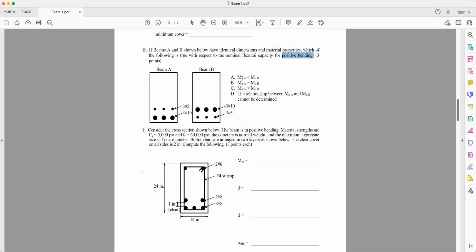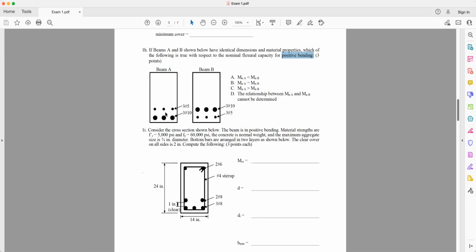Now, which one has higher moment? Well, what is the moment? Mn equals T, which is As Fy, multiplied by ds minus half a. So whichever has the largest ds minus half a has the largest lever arm, that is the distance between the compression and the centroid of the bars, and has the largest moment. So which one has a deeper depth?